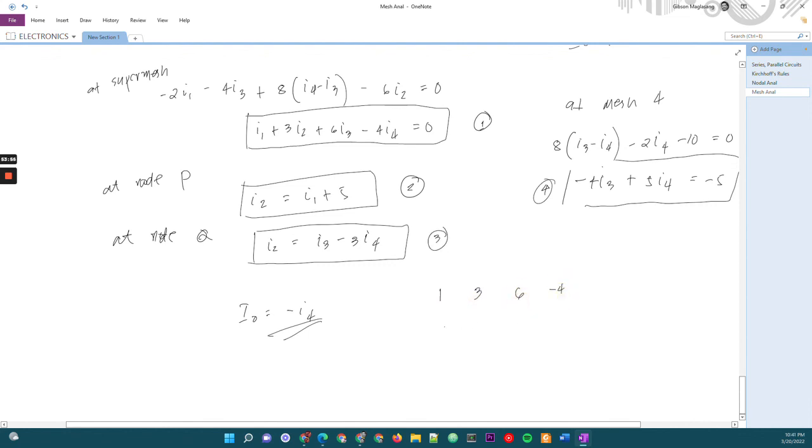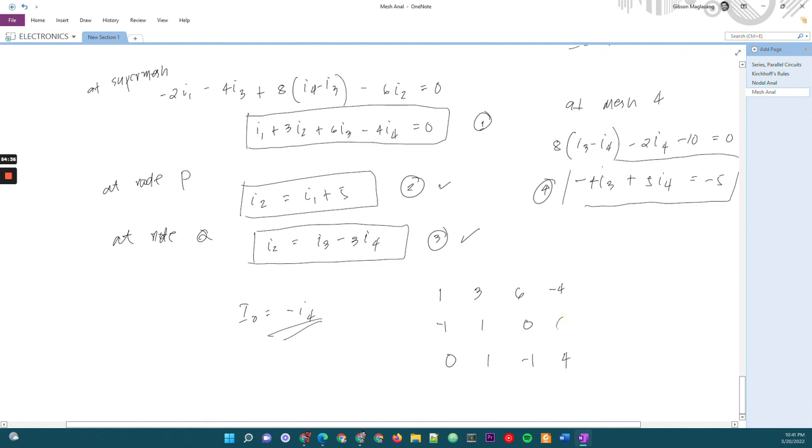For equation 2, we have negative 1, positive 1, and then we don't have I3 and I4, so 0.